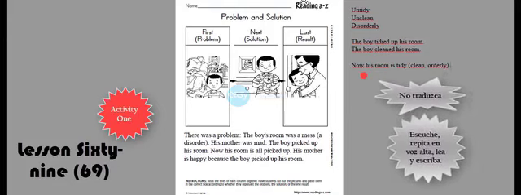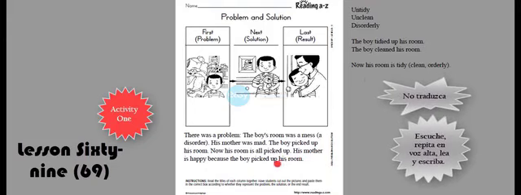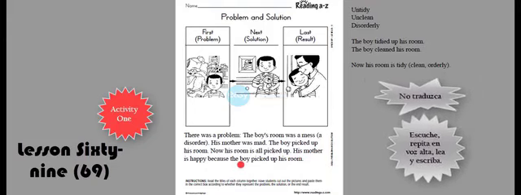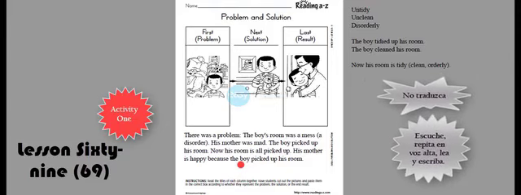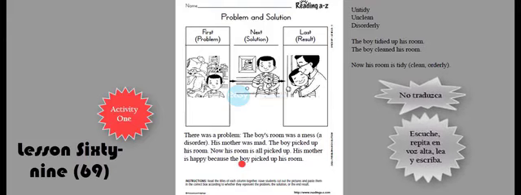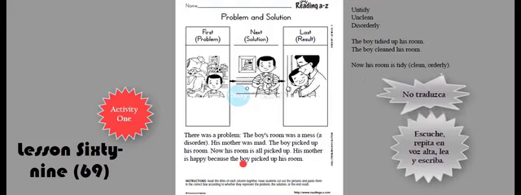You see? His mother is happy because the boy picked up his room. His mother is now happy because the boy tidied up his room. His mother is now happy because her boy cleaned up his room. This is it. Now let's turn to the next activity.